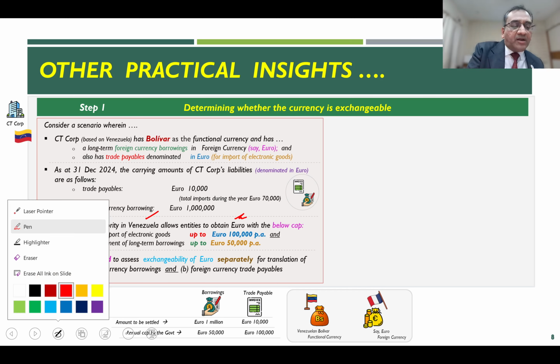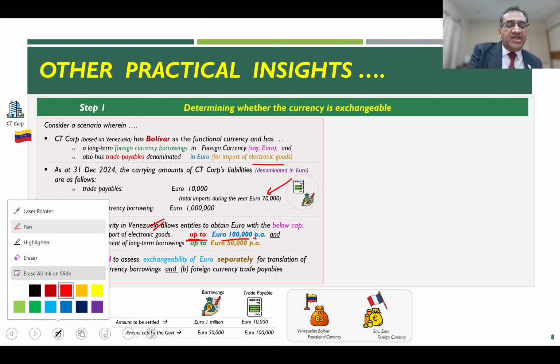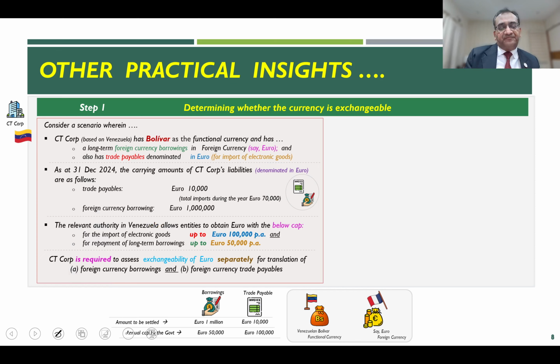So for import of electronic goods, there is a cap of up to 1 lakh euro per annum. That is the maximum amount permitted. Now, in this case study, it is given that total imports during the year by Citicorp for the purpose of import of electronic goods is 70,000, which is still below the threshold of 1 lakh per annum permitted by the authorities.